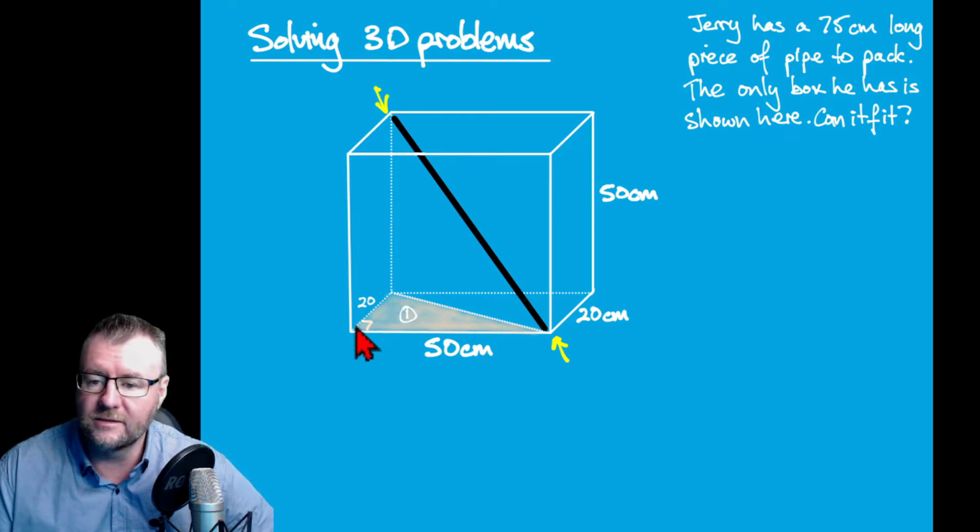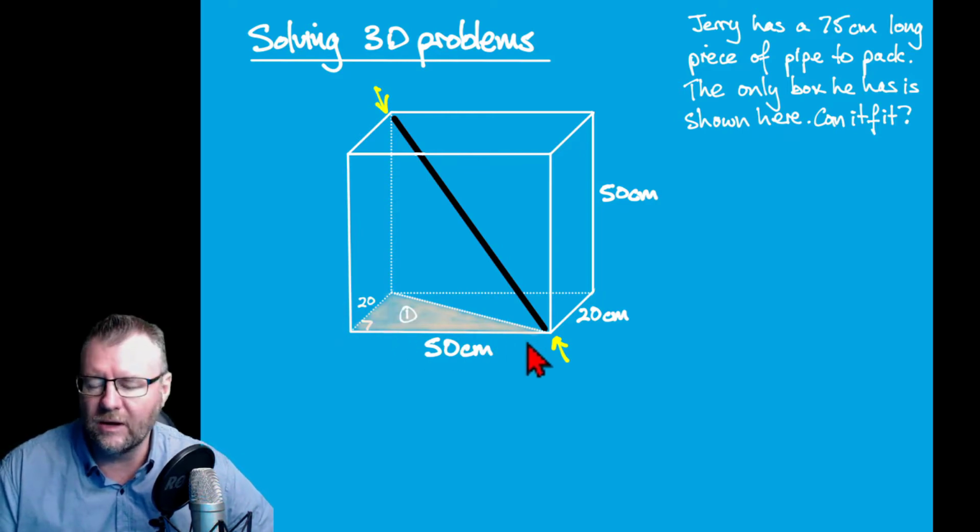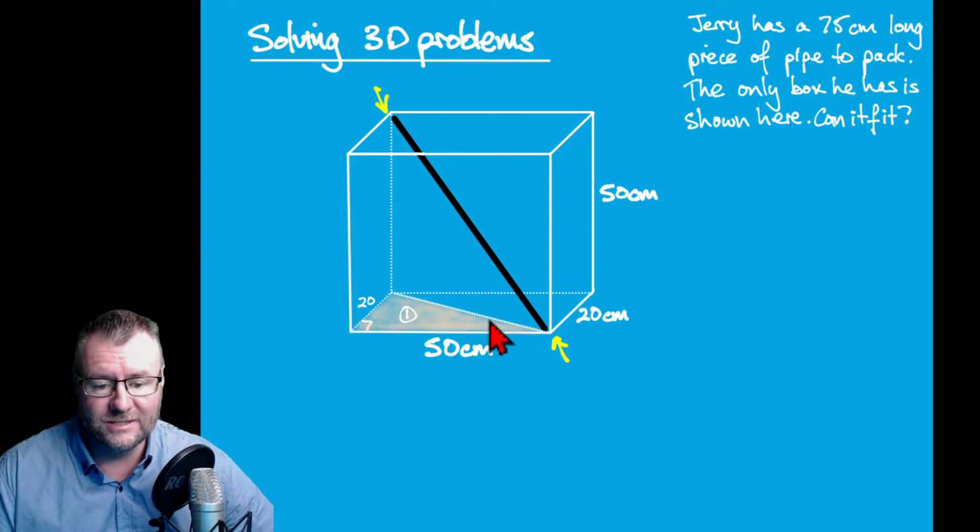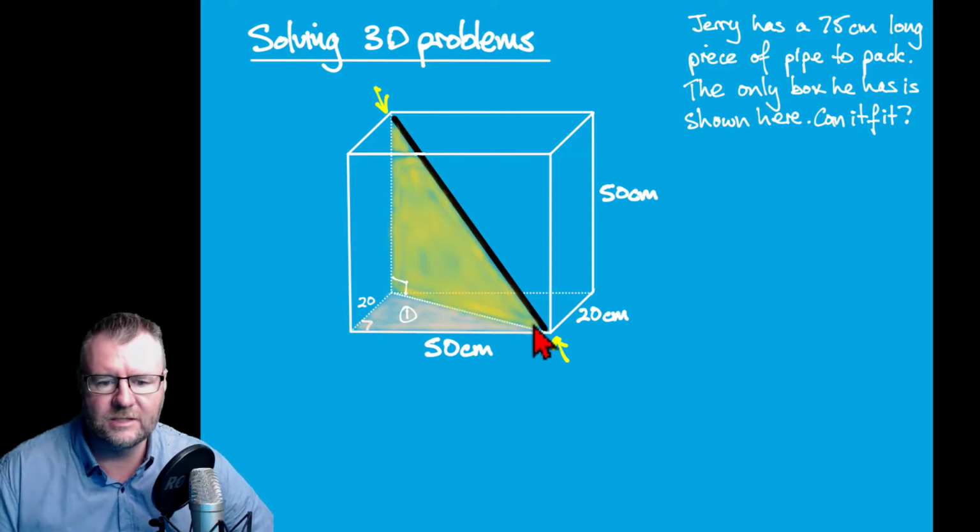I know this length is 20 centimeters, this is 50. Now I can use Pythagoras because I've got a short side, another side, to work out the length of this side, which is the hypotenuse. The reason I would do that is now that I've got this bottom length here, I've created a vertical right angle triangle.